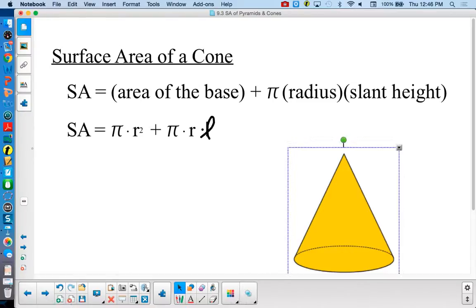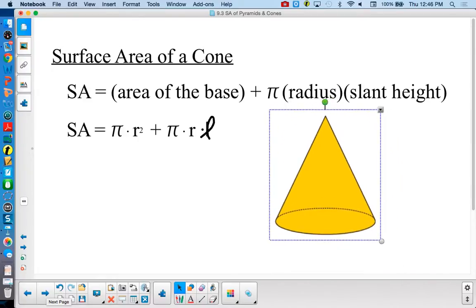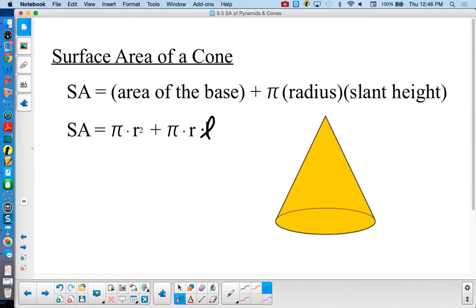Now I can put some numbers on here. Should we use those same numbers? Okay, so the radius was 5. The slant height was 13. I wanted you to find the surface area.